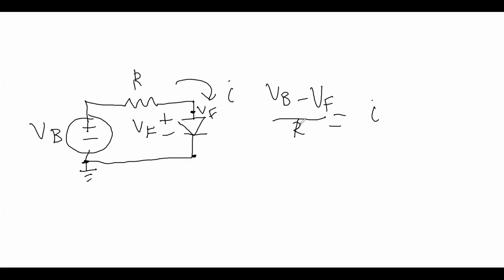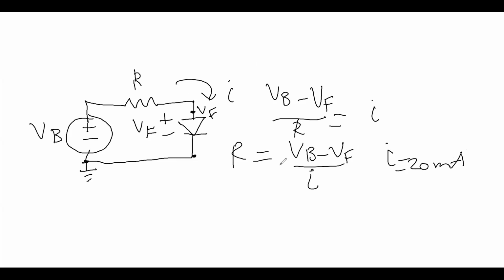Now we want to derive this resistor value, so we can rearrange this to say R equals VB minus VF over I. We specified that we want I to be 20 milliamps. So let's plug in our numbers. R equals, we have a 9-volt battery, so 9 volts minus our VF of around 2.1 volts, over I, which is 20 milliamps. We need to make sure this is in amps so we get the right number, so 20 times 10 to the negative third amps.